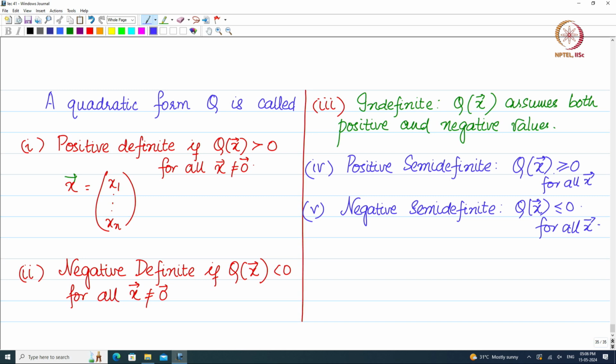Now we captured these quadratic forms in terms of the matrix. We said that the matrix of the quadratic form is the symmetric matrix A. So we are going to look at the quadratic forms through the eyes of the symmetric matrix and its eigenvalues. So, we are going to look at that now.